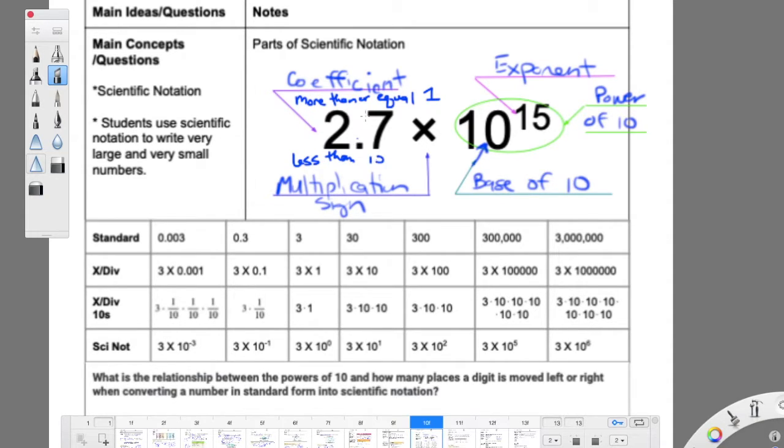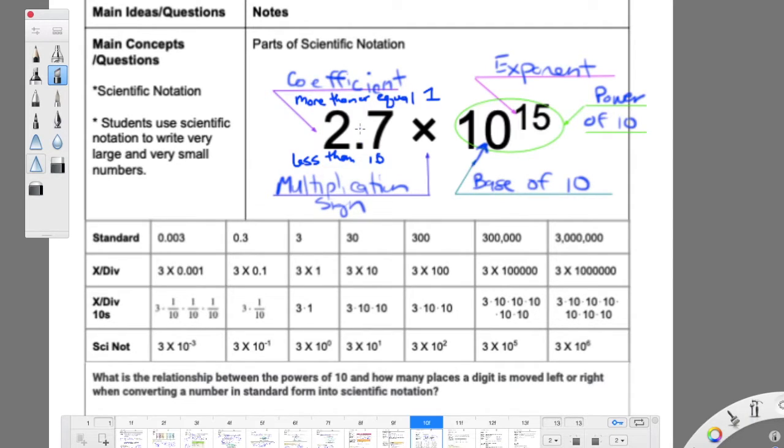So basically this cannot be more than 1 digit is what that's saying. It can be 1, 2, 3, 4, 5, 6, 7, 8, or 9. It can't be less than 1, so this can't be a 0. And it can't be more than 9, so it can't be 10. So it has to be something between 1 and 9. So that's a big rule there. We always have 1 digit in front of the decimal place here for the coefficient.